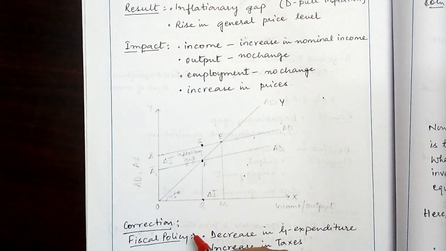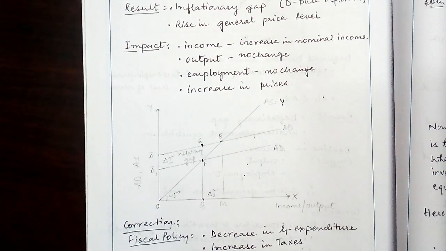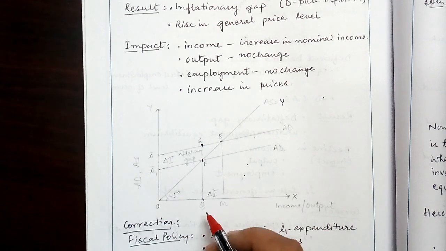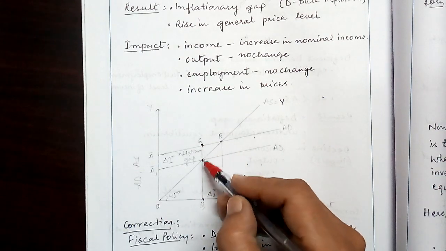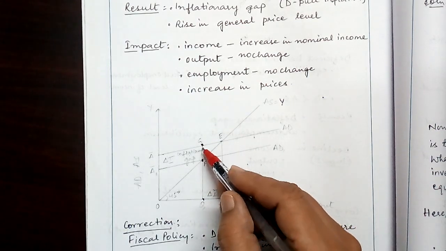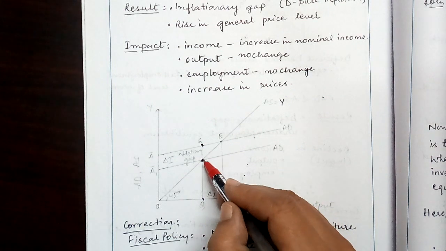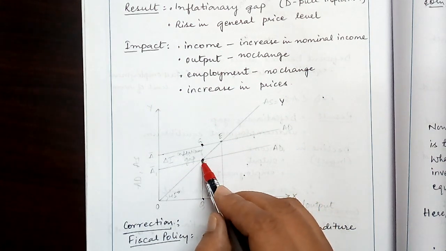Now how do we correct the situation? It can be corrected by decreasing the amount equal to the inflationary gap. So if you reduce this gap, we again reach the equilibrium level of income, employment and output.